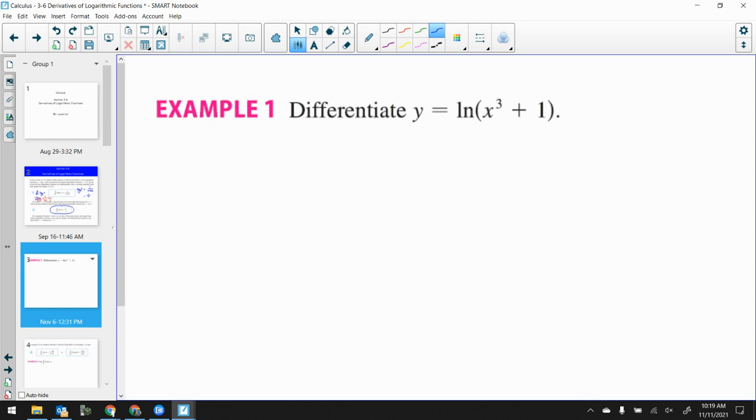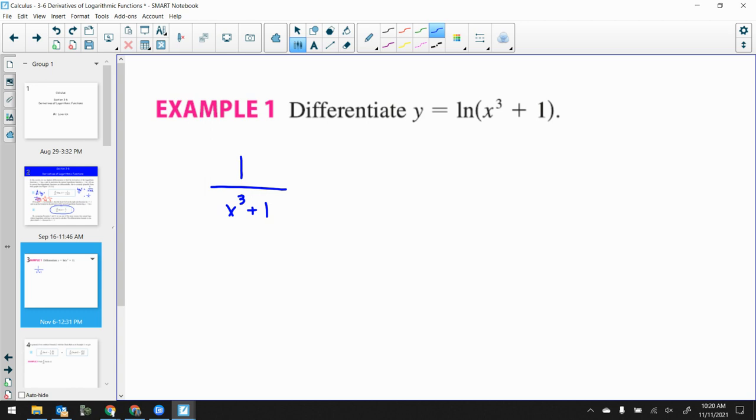I've got a function within another function. I've basically got a composition. I've got x to the third plus 1 within ln of x. So that means I've got to take the derivative of ln. Well, the derivative of natural log is 1 over x. But in this case, my x is x to the third plus 1, right?